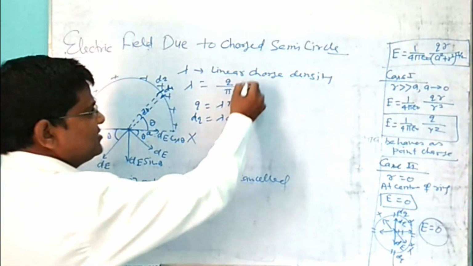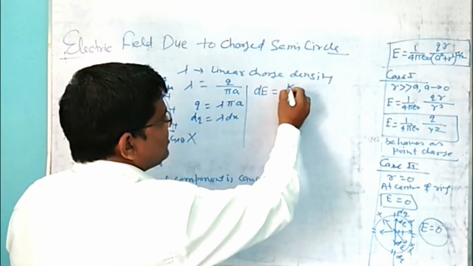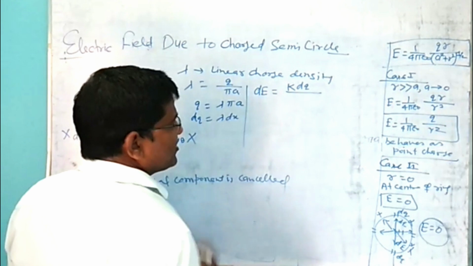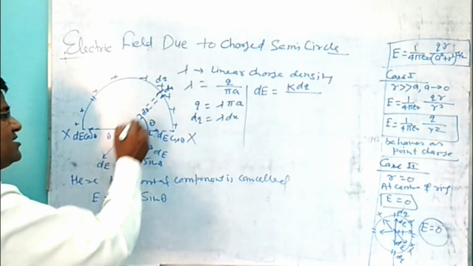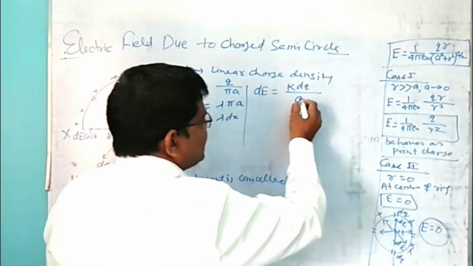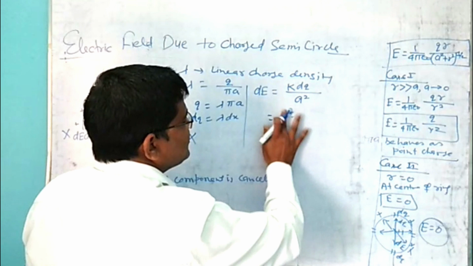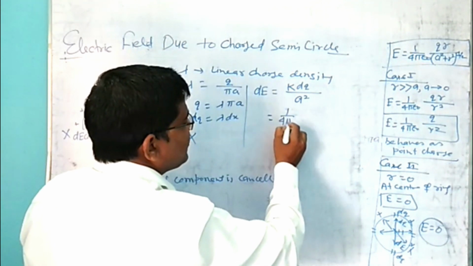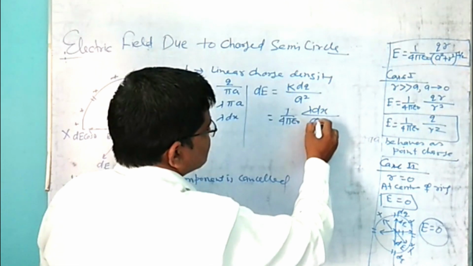And what is dE? dE is k dq by distance squared. The distance is constant, a square, and k means 1 upon 4 pi epsilon naught, and dq is lambda dx, so dE is 1 upon 4 pi epsilon naught lambda dx upon a square.